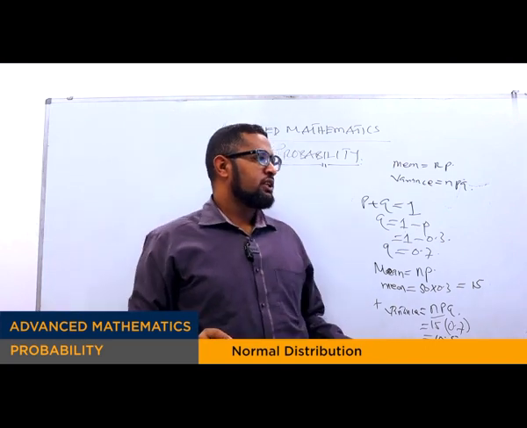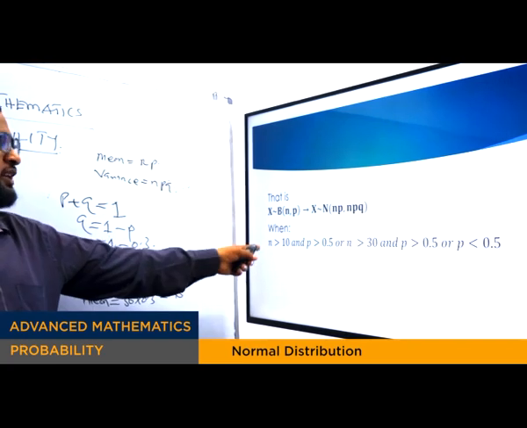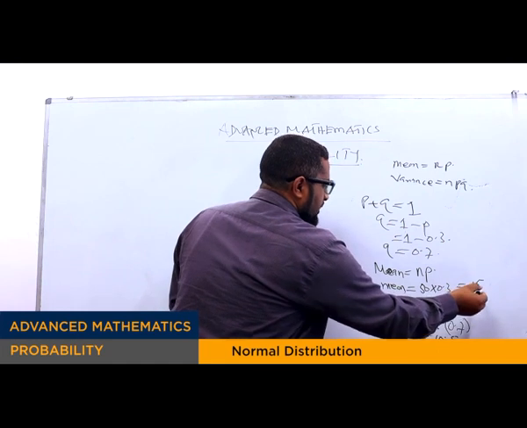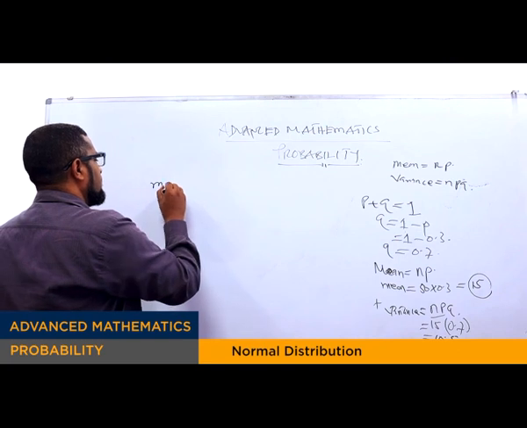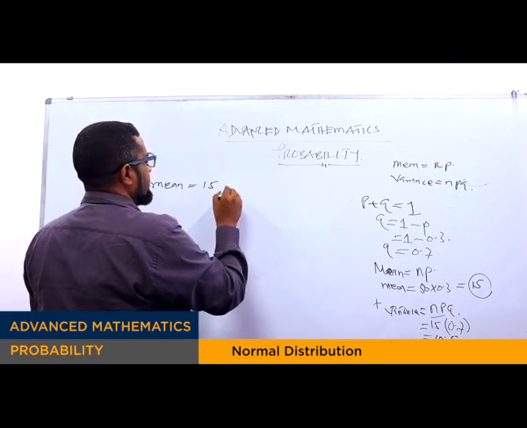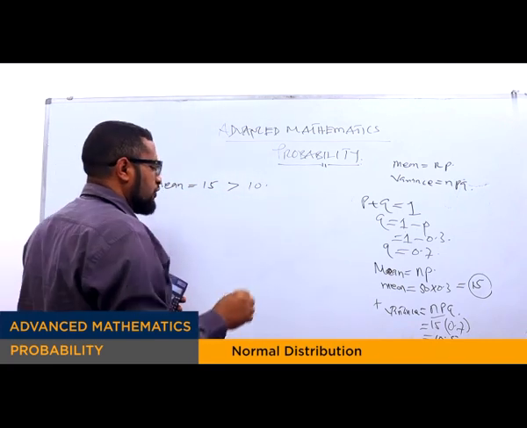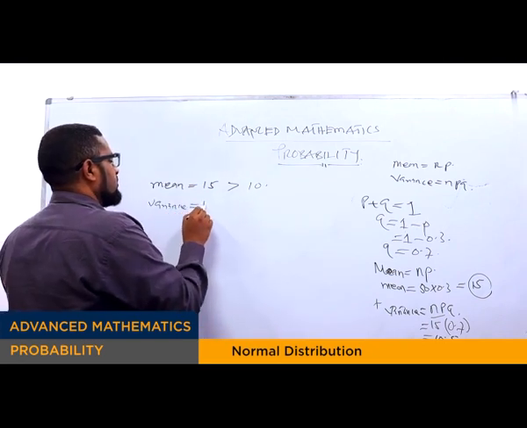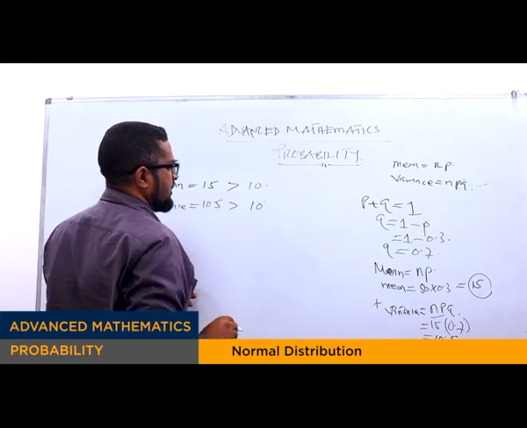Okay. Now let's go back to the condition. The condition is when NP is greater than 10 and NPQ is greater than 10. So here, if you see, the mean, which is 15, is greater than 10. And also, the variance, 10.5, greater than 10.